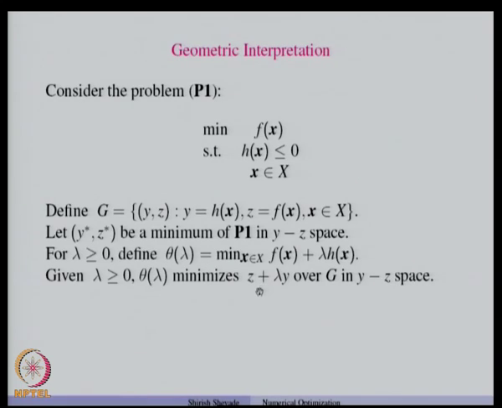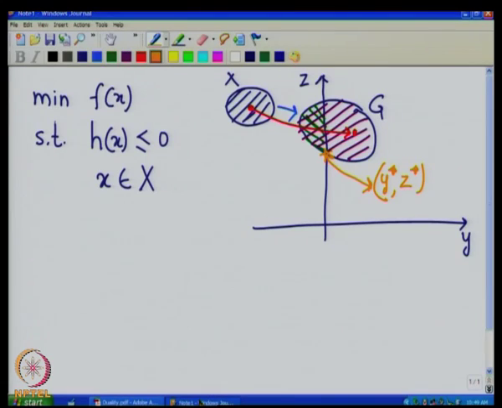So, if you look at this, z plus lambda y equal to constant is the equation of a line in the yz space, where minus lambda is the slope of the line. So, if we are given some lambda, let us look at this figure.